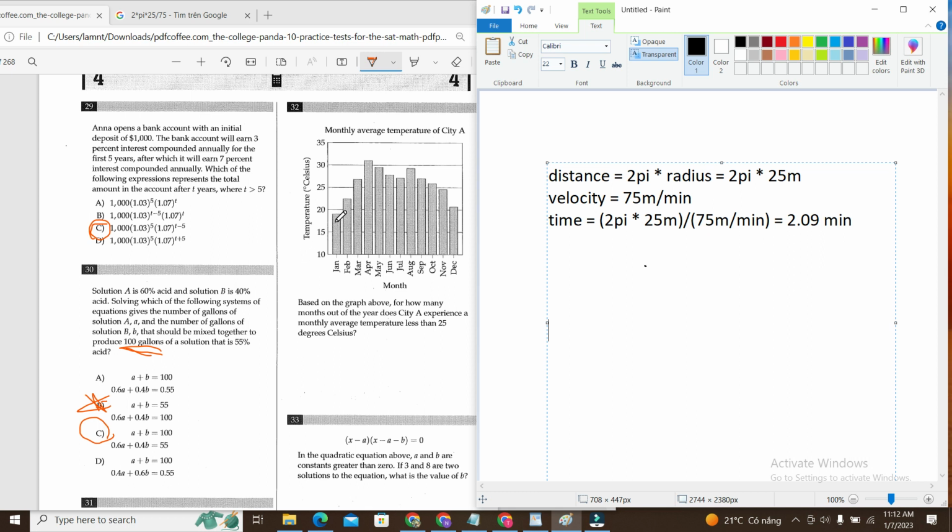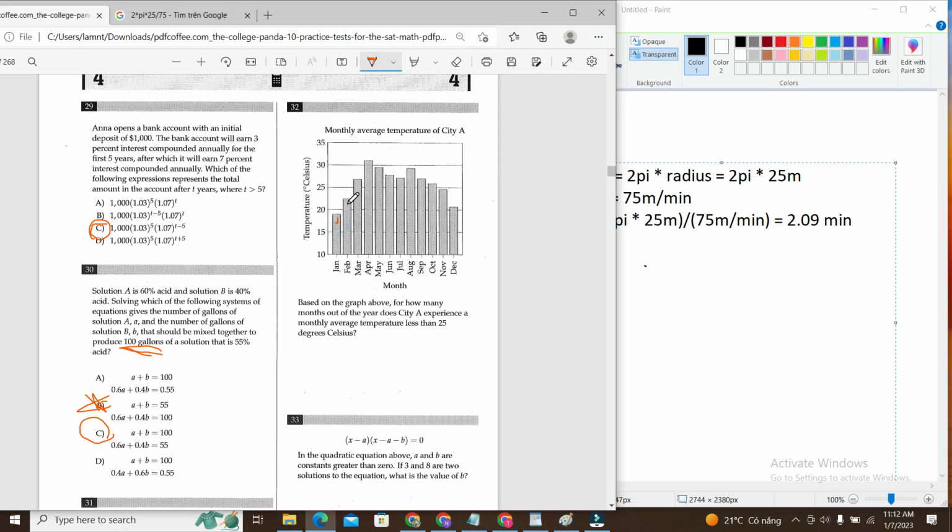January is less than 25, February is less than 25, March is not, April is not, May is not, June is not, July is not, August is not, September is not, October is not, but November and December are, so there's 4, right?